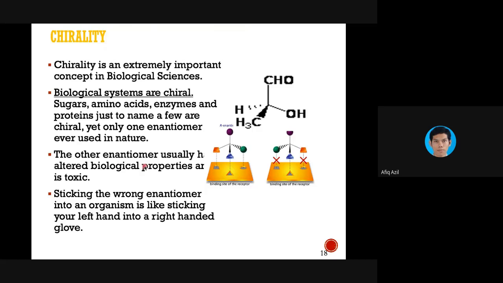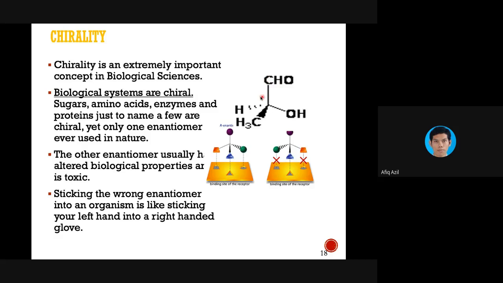The other enantiomer usually has altered biological properties, or it could be toxic altogether. Sticking the wrong enantiomer into an organism is like sticking your left hand into a right-handed glove. Imagine it uses the same concept, which is lock and key. So the structure is very specific.